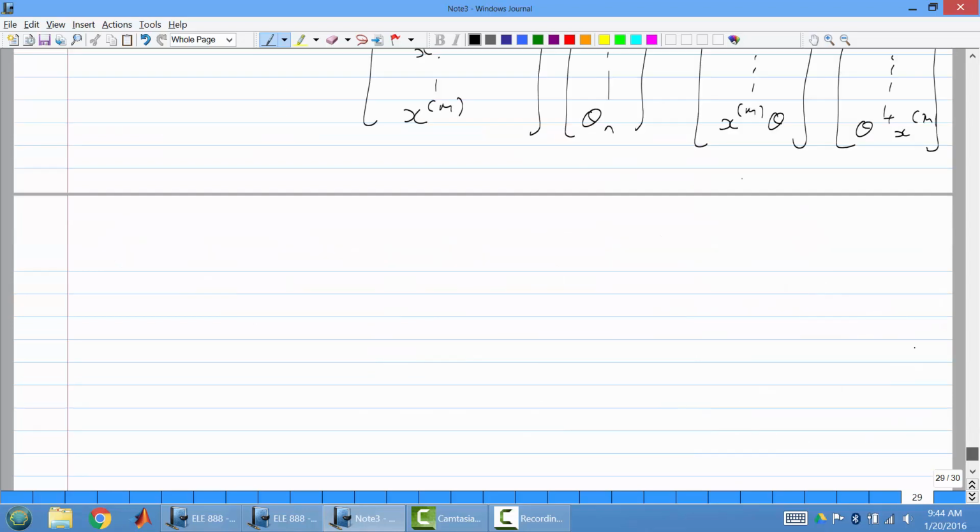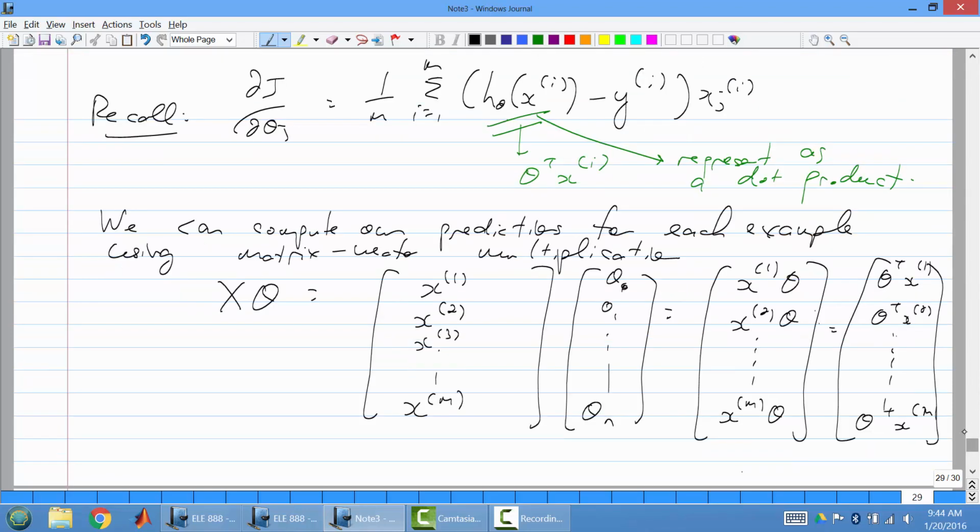Now, if we decided to take this output and subtract the expected outputs y, what you're doing is computing the difference between the predictions and the expected output, which is useful, and I'll show you why in a minute.